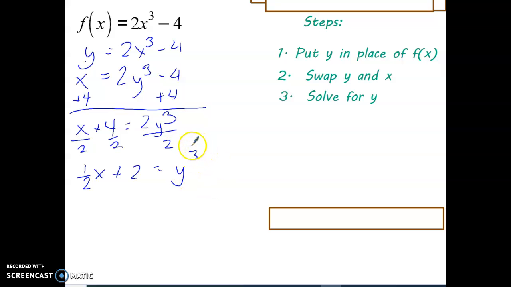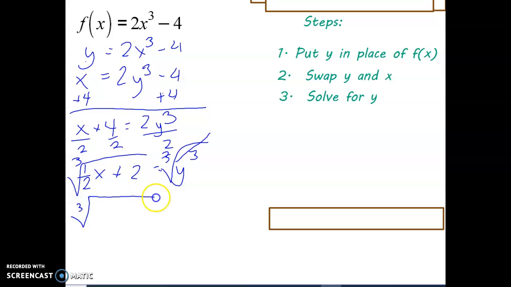Okay, so this time I have an additional step because I have this exponent here. So I need to do the inverse operation of this. The inverse operation of cubing something is doing the cube root. So I'm going to take the cube root of both sides. Cube and cube root are inverses. They cancel one another out.